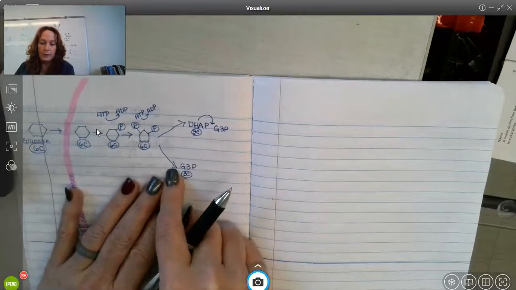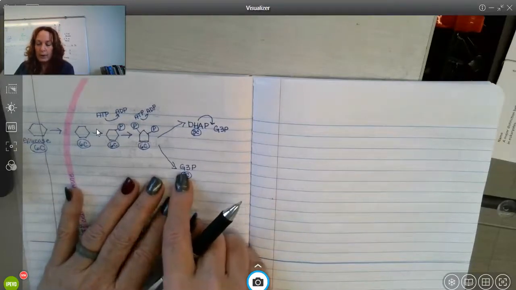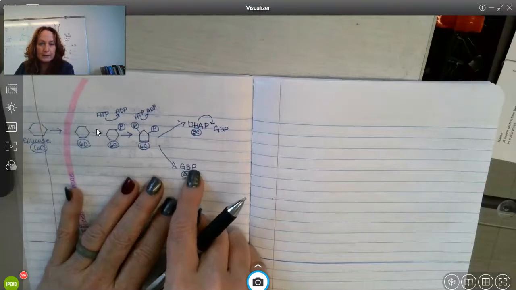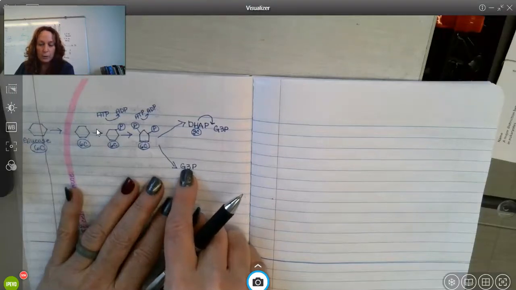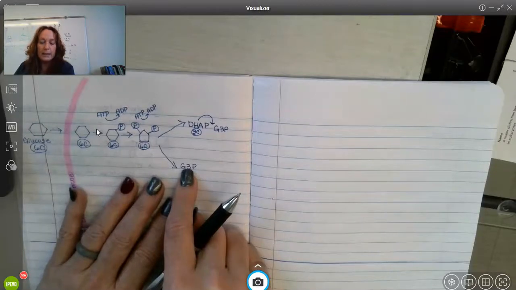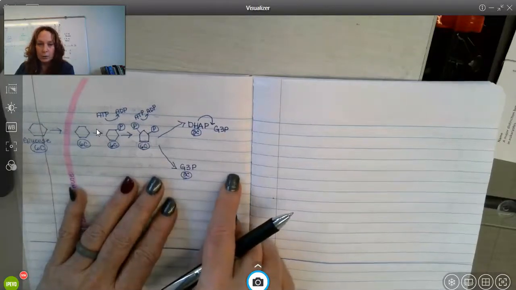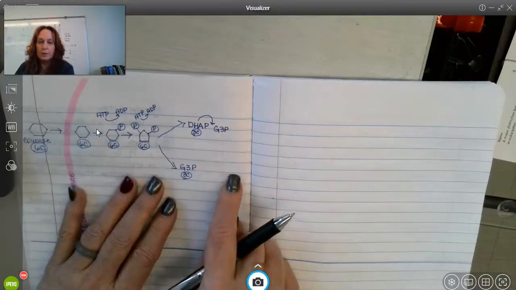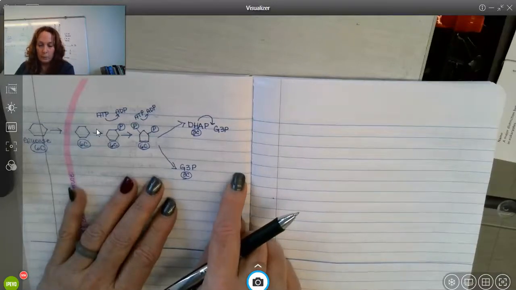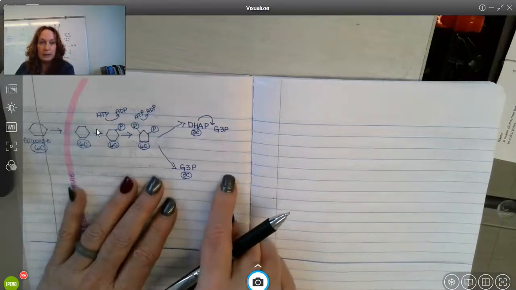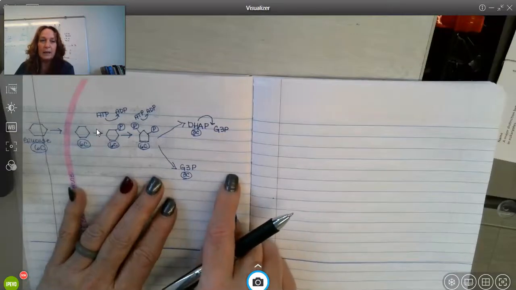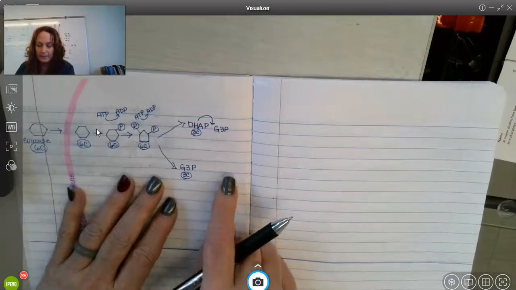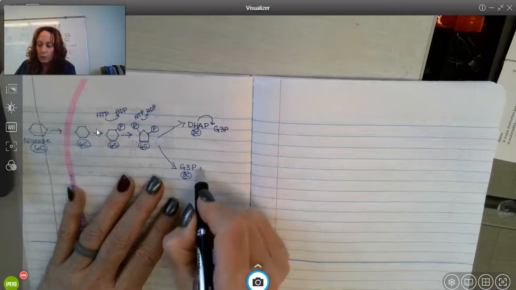But there's going to be a process where, through changing this format of the molecule, which is more unstable with weaker bonds, into another molecule that is more stable, we're going to have energy released, and we're going to gain ATP back.